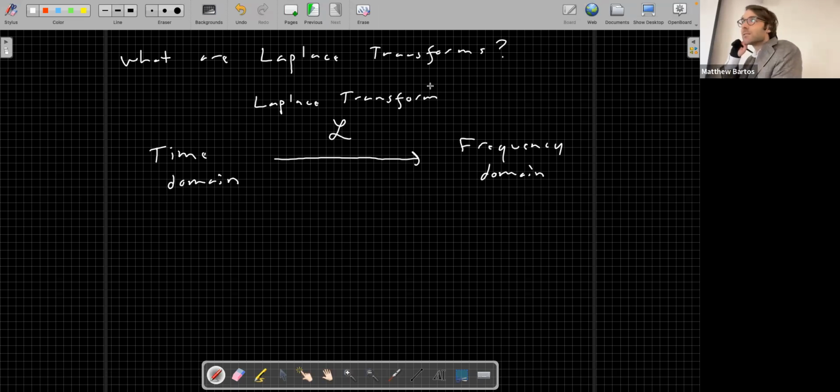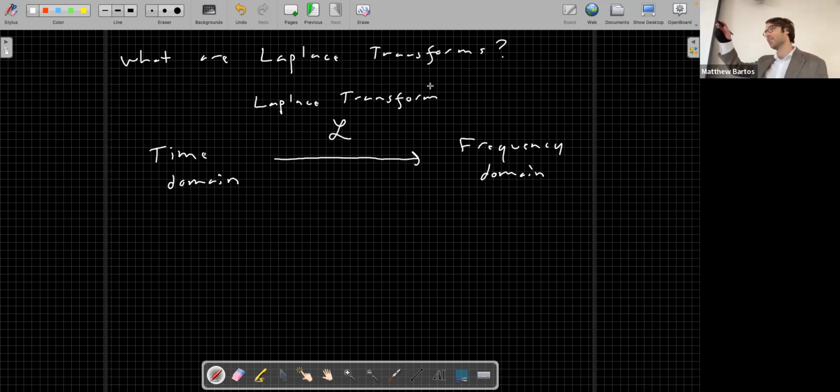Sorry? It doesn't necessarily need to be sinusoidal. Fourier transforms can only be applied to functions that are periodic. Fourier transforms will only work on functions that are periodic.